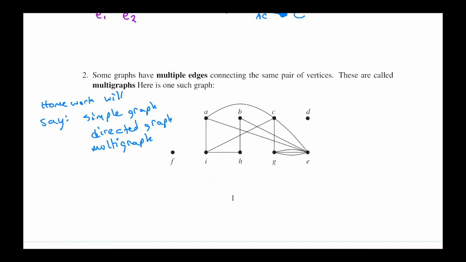So anyway, in this one in particular, what we're talking about is multiple edges connecting the same pair of vertices. So that's what's happening right here, right? We've got three edges between vertex G and vertex E. And I don't know if there's any others. Also notice that you have a vertex D up here and a vertex F, and there's no edges connecting those to anything else. That's fine.